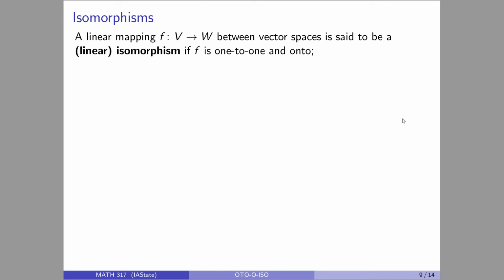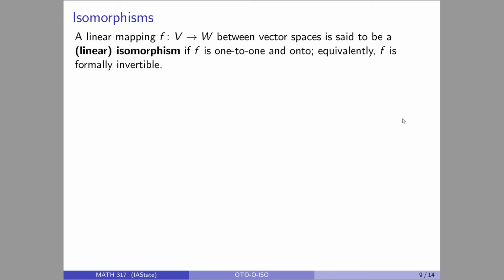Now, here is the other word we talked for today, isomorphism. A linear mapping is called an isomorphism if it's one-to-one and onto, equivalently if it's formally invertible. And let's think about what the idea of a linear isomorphism is saying.